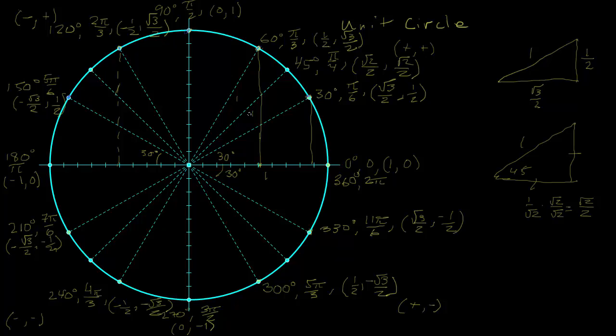This is 45, 90. This is now 45 added to 90, which is 135 degrees. If we think in terms of fourths, pi is 4 pi over 4. 1 less than 4 pi over 4 is 3 pi over 4.